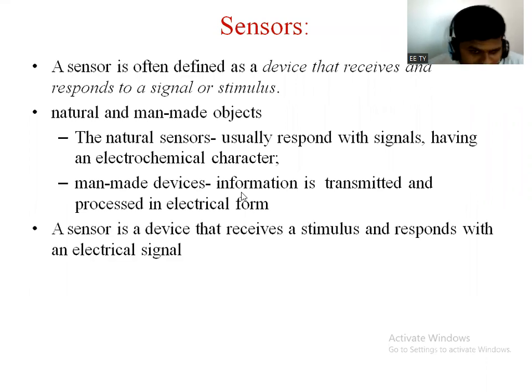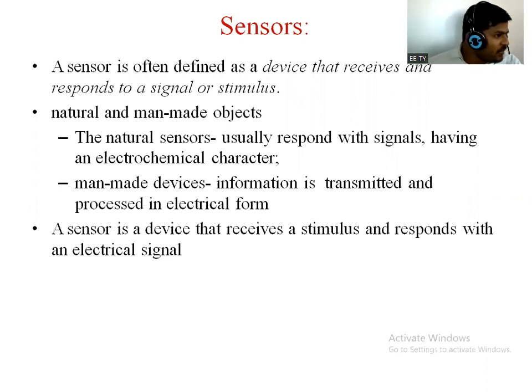Okay. Now, aligned with the above definition, again we will define the sensor. The sensor is a device that receives a stimulus and responds with an electrical signal. So we are leaving aside the natural sensors present in living organisms.